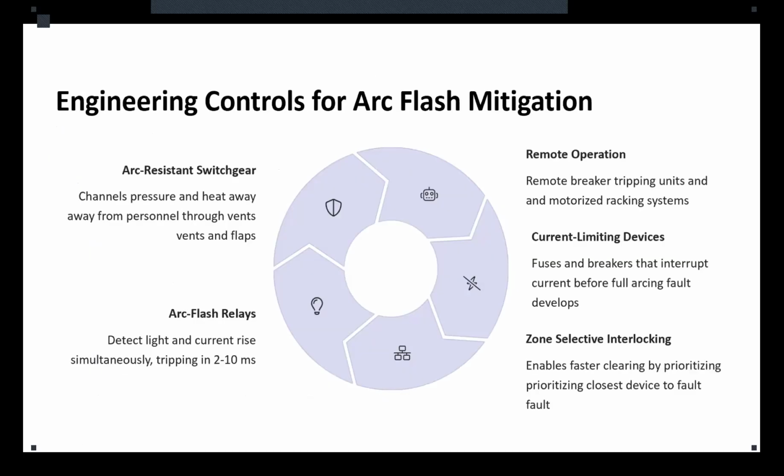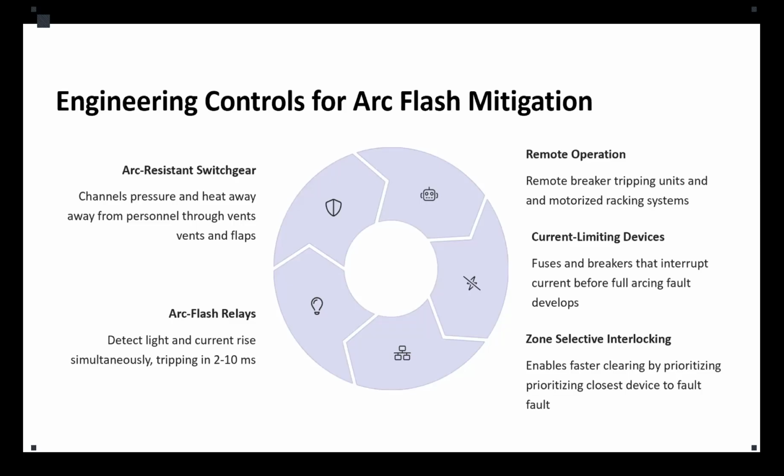Now, the engineering controls for arc flash mitigation include arc resistant switchgear. This is one type. Let's see what it is. Arc resistant switchgear is mechanically reinforced equipment that contains and redirects arc flash energy away from the worker.